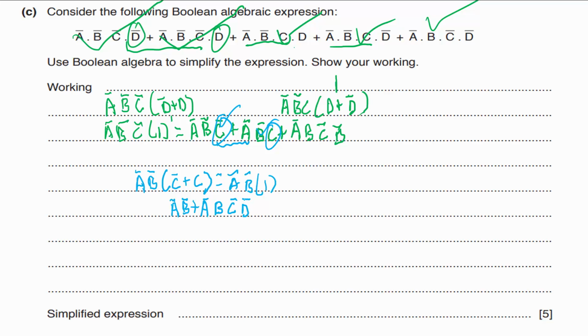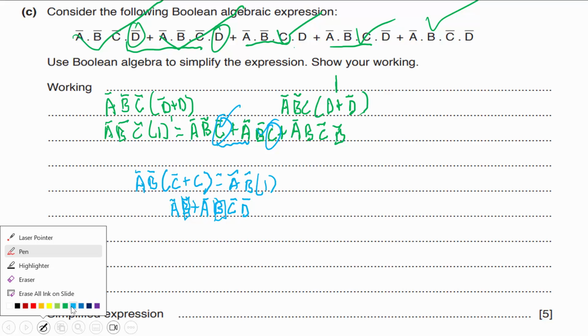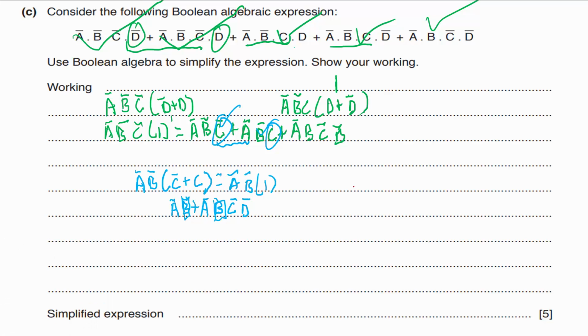So when I'm looking at this one, I know I can do something with these B's right here. So I'm going to factor out that not A. I'm going to switch colors so we can see what we're doing here.